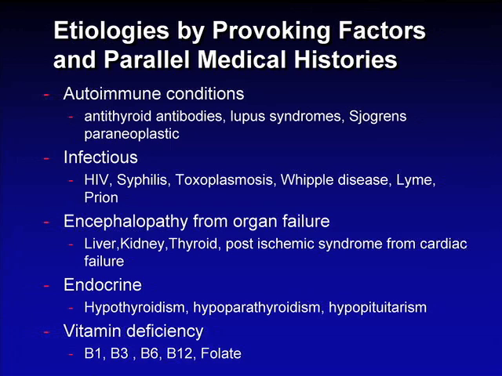You can have infectious reasons from prion diseases or Lyme disease or Whipple disease, toxoplasmosis. In the workup of a dementia patient, after ruling out common scenarios, further workup is needed in these areas. Endocrine problems like hypothyroidism, hypoparathyroidism, and all those things have to be looked into.